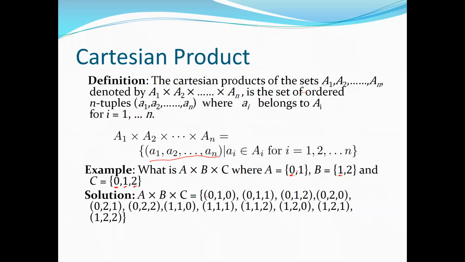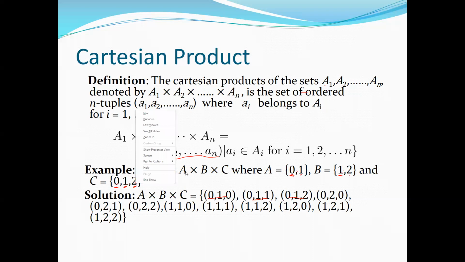So you have consumed the first element of B. Then the same 0 with the second element of B: (0, 2, 0), (0, 2, 1), (0, 2, 2). All right.